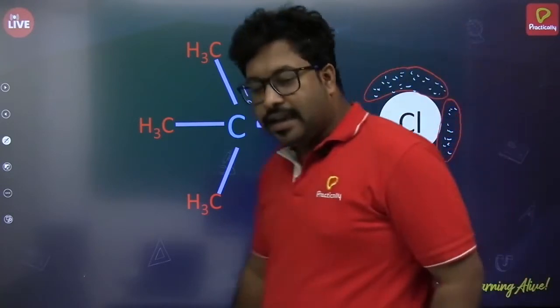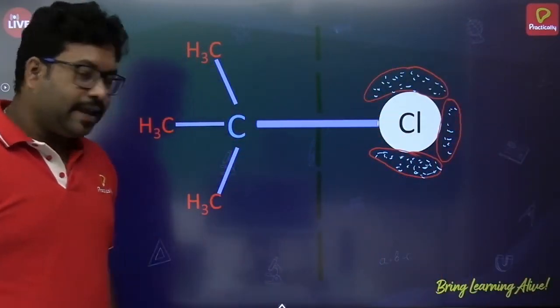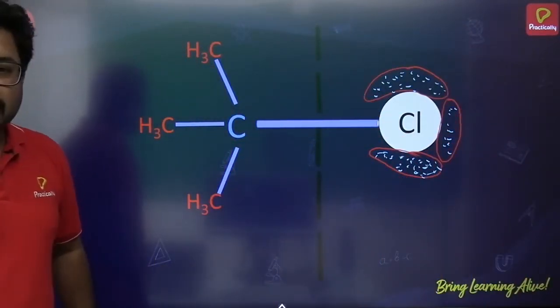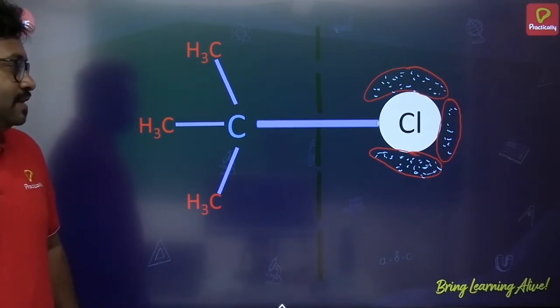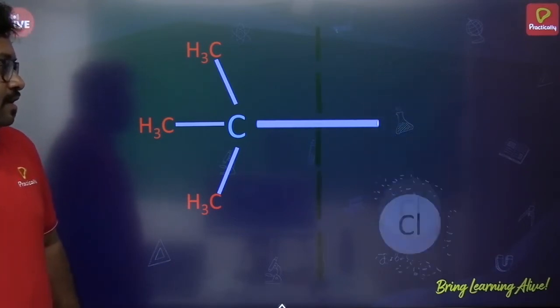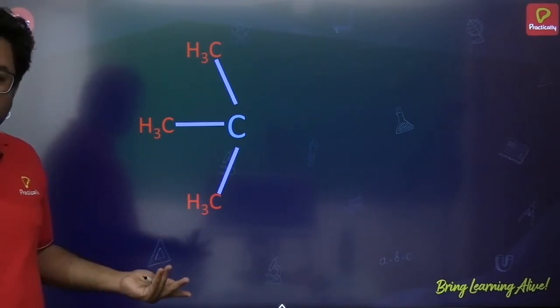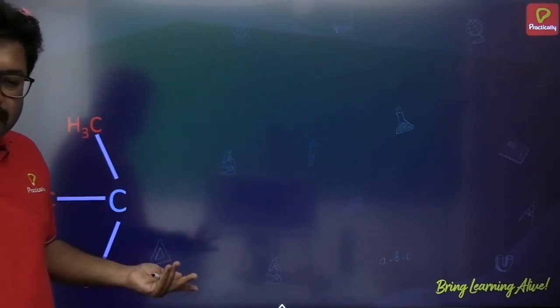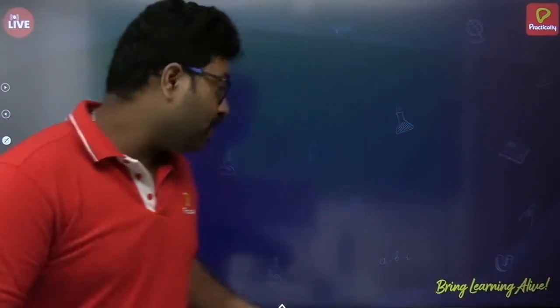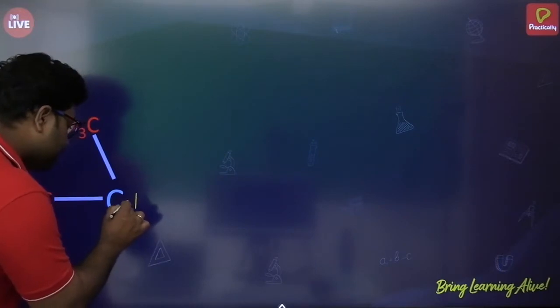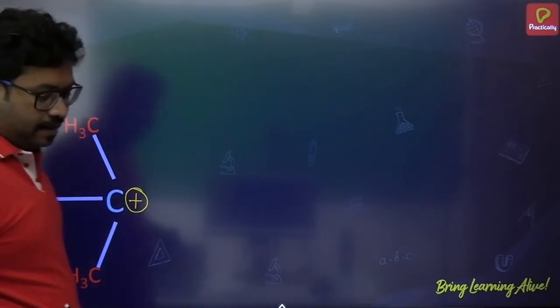You can see here the bond has already started breaking. The bond breaks, chlorine goes, and you are left with only a tertiary carbocation.